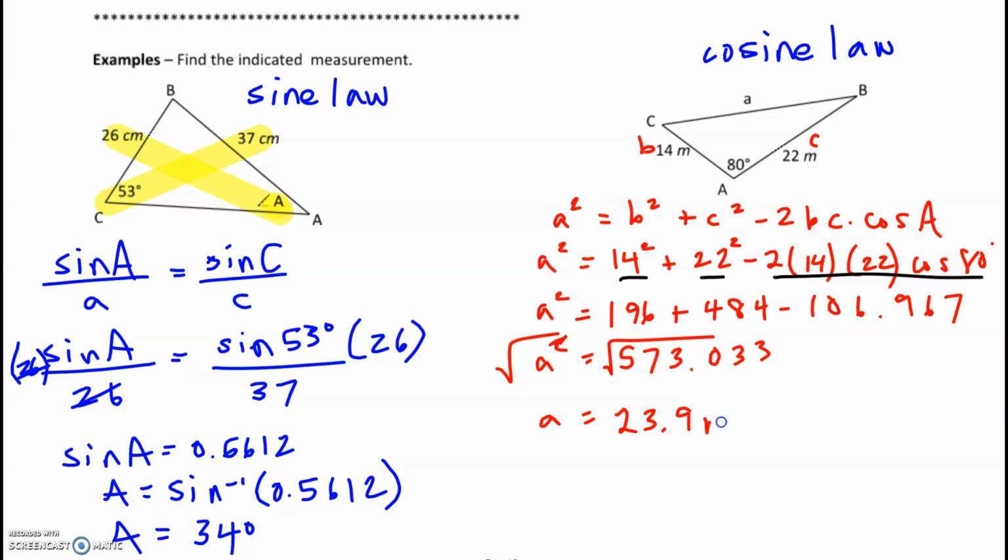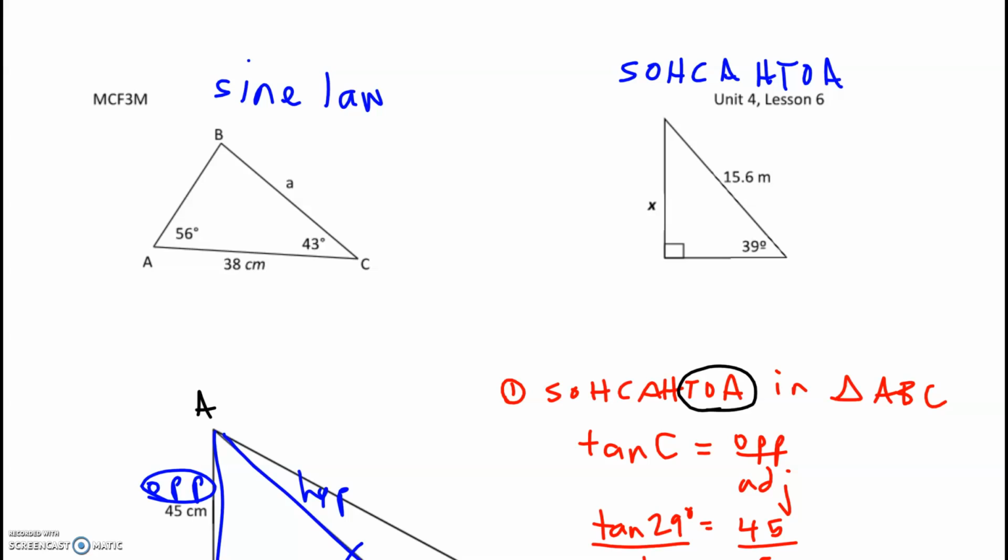All right, so that was a good review of finding an angle in sine law and a side length in cosine law. Let's flip the page. All right, we have to find now a side length using sine law. So I'm just going to move this over here. Okay, so if it's sine law, I need to look for my matching.